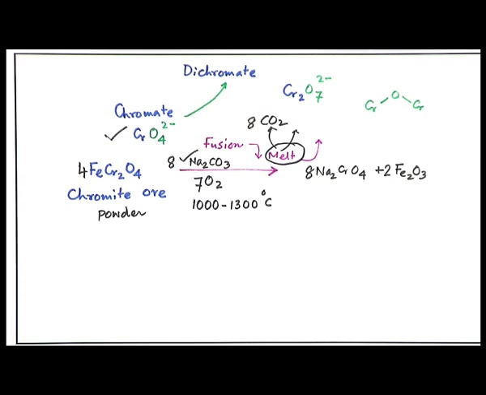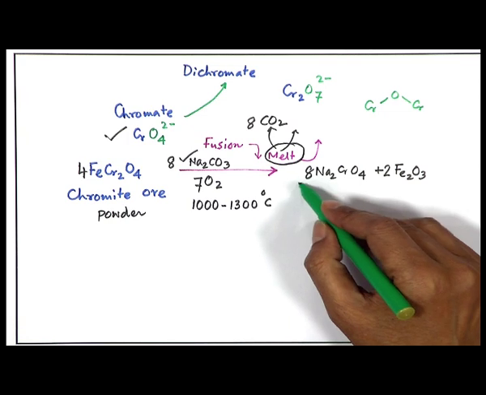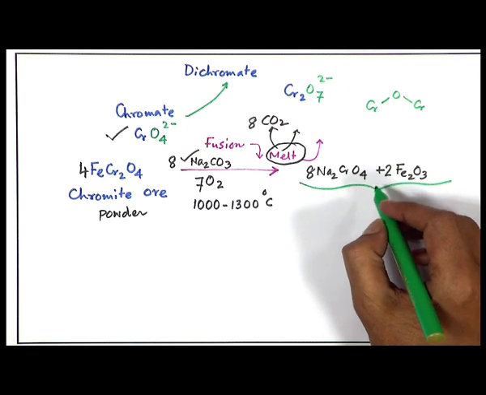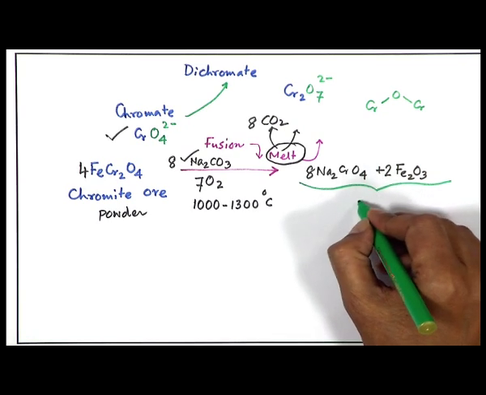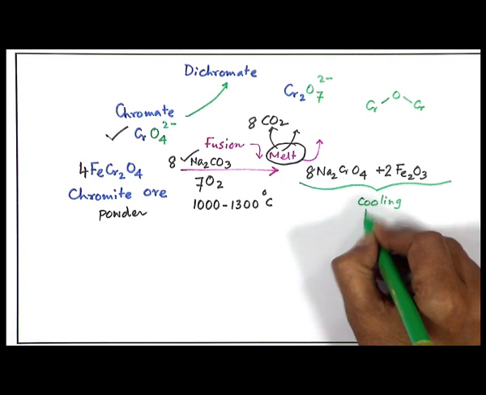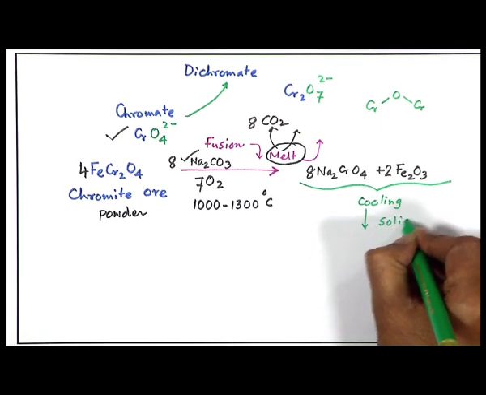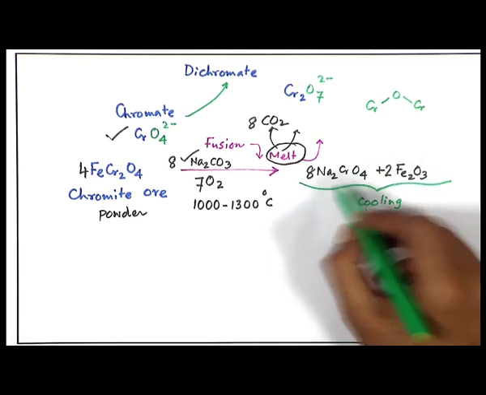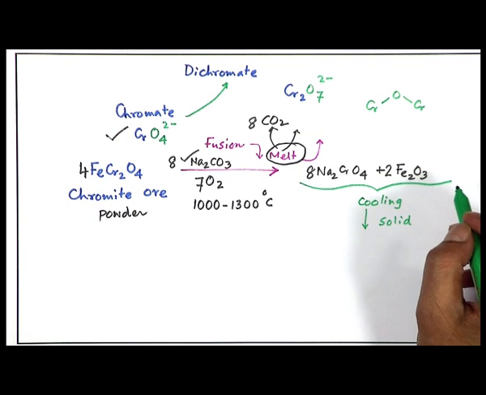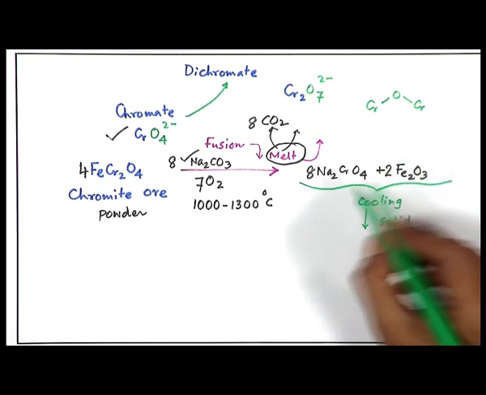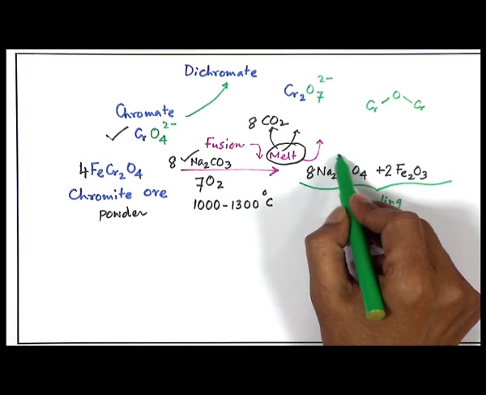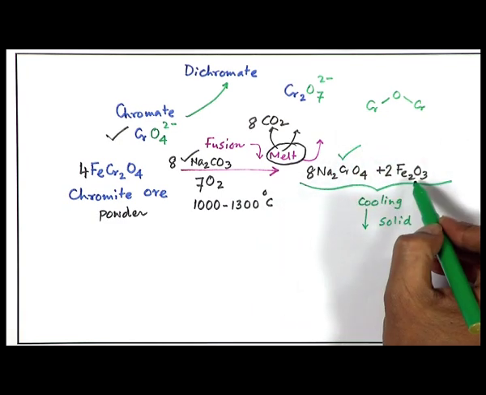When we allow it to reach room temperature, we get a solid product after cooling, and this is where we can separate the solid. If we add water, since it is a sodium salt, Na2CrO4 will be highly soluble in water, but the oxide is insoluble.